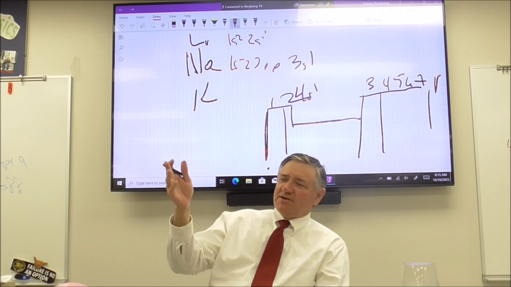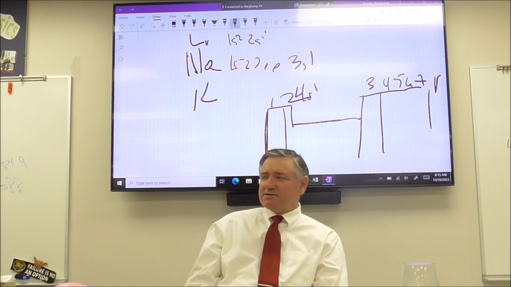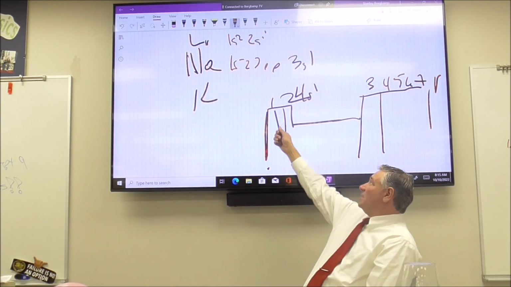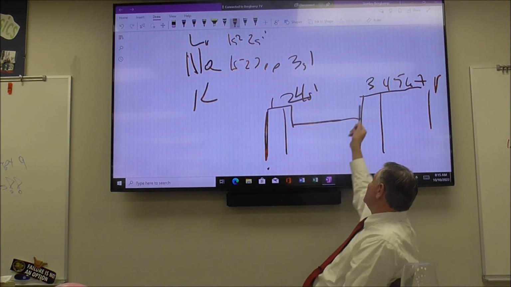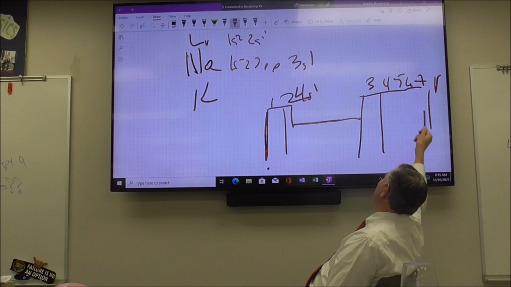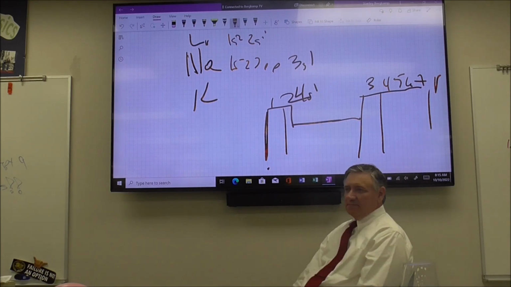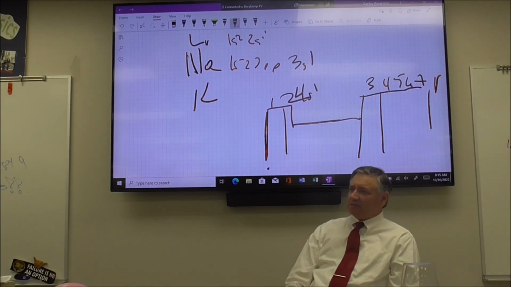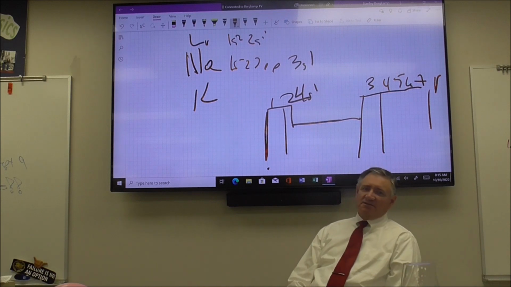So if you're trying to figure out how many valence electrons there are, go to the periodic table. Literally, if you can count, you know how many valence electrons there are.